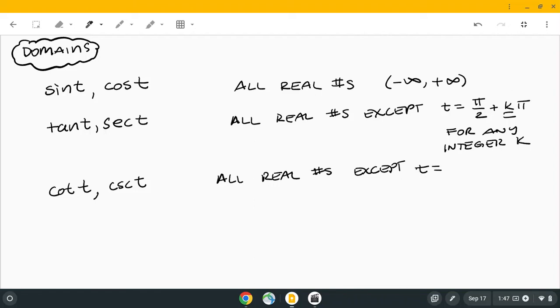At 0 and at 180. So 0 plus pi, but we want it any number of times. So 0 plus k pi, which is just k pi. So t cannot equal any multiple k pi, for any integer k.